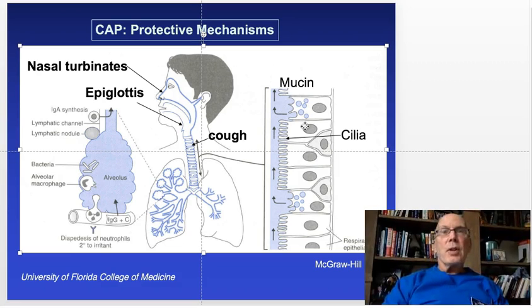If bacteria manage to bypass all of these protective mechanisms and reach the alveoli, macrophages and neutrophils combined with complement and immunoglobulins can ingest and kill these invading pathogens. Given these robust defenses, why is pneumonia so common?